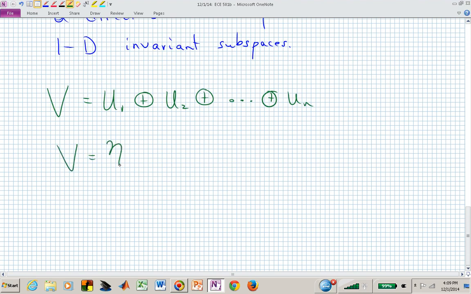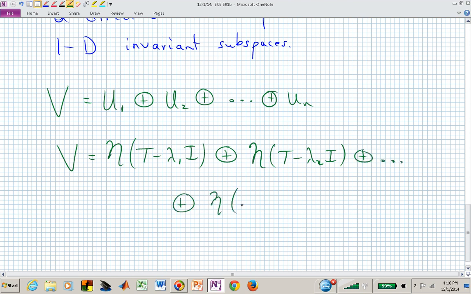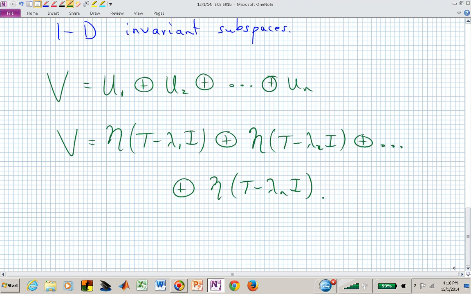Where these U's are actually subspaces that are spanned by vectors that lie in the null space of T minus lambda sub 1 I, plus the null space of T minus lambda sub 2 I, etc. And these lambdas, the eigenvalues, are distinct.